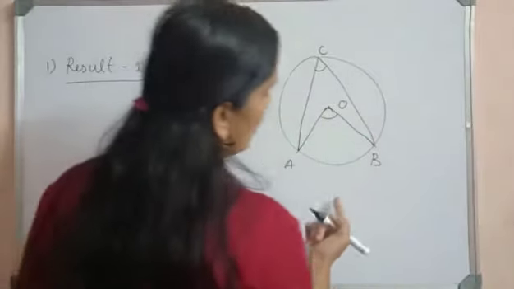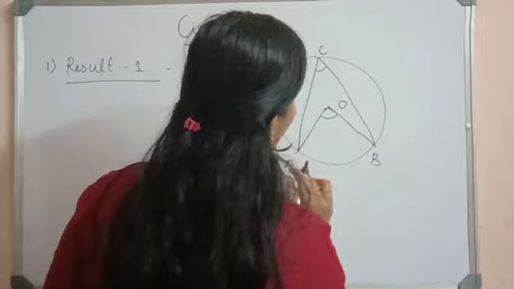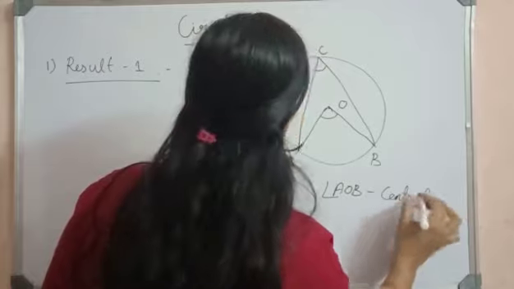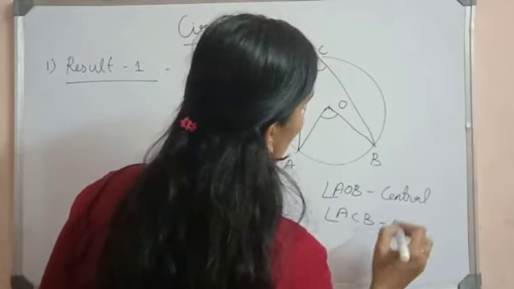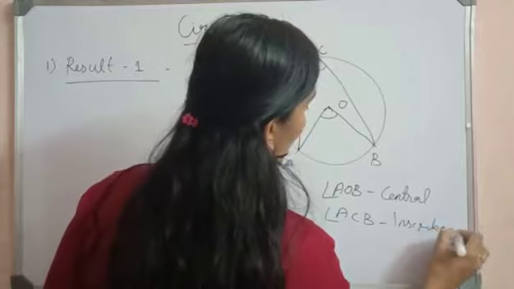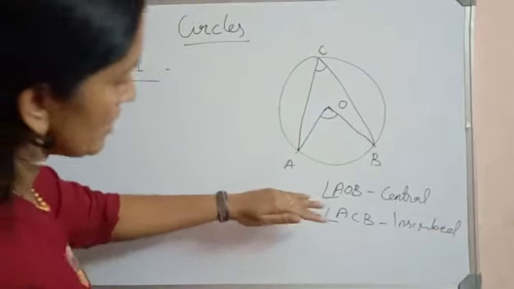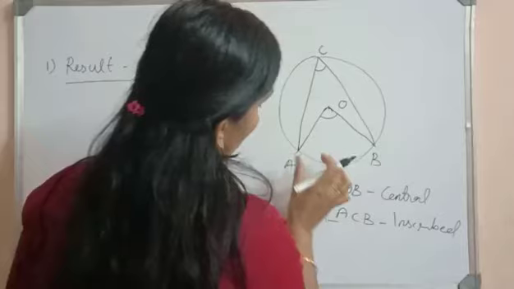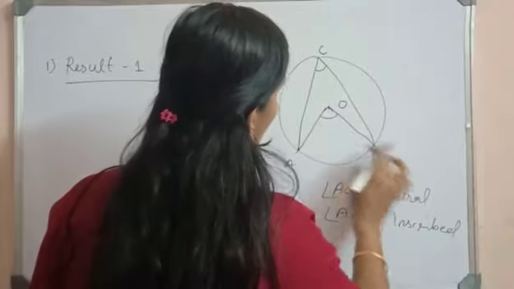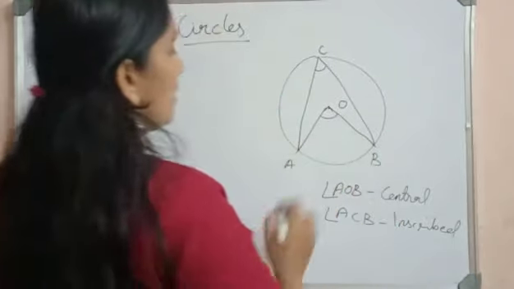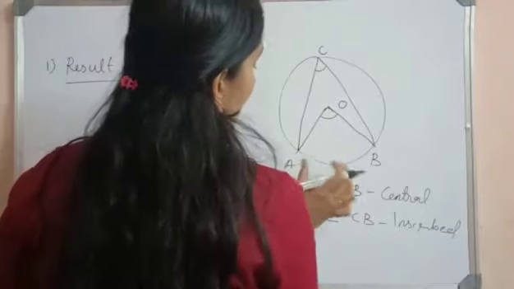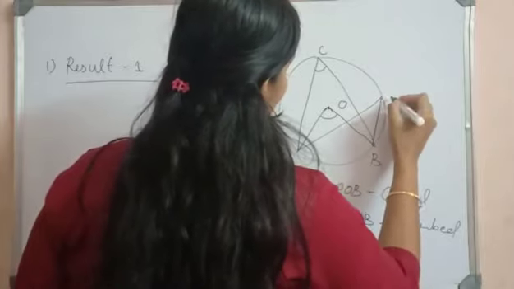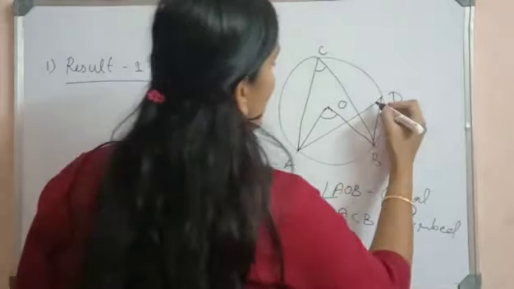We have already seen that angle AOB is the central angle and angle ACB is the inscribed angle. As per the first result, the central angle is double the inscribed angle. And if you consider any other inscribed angle with the same arc, ADB is another inscribed angle.